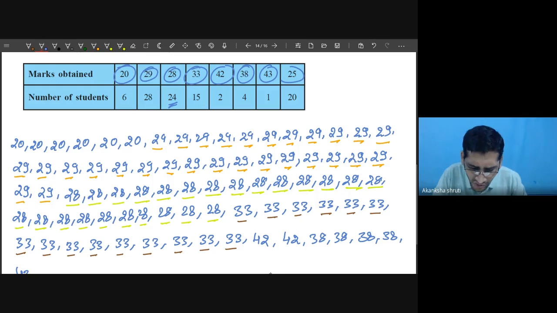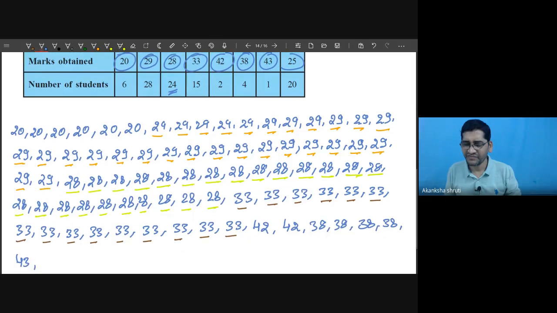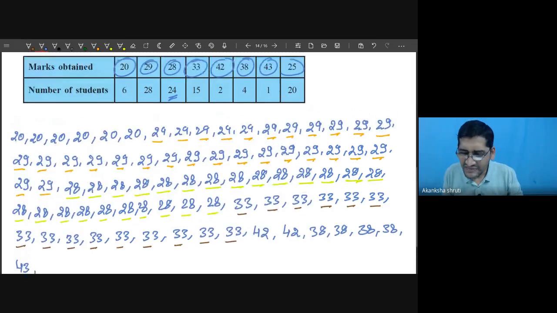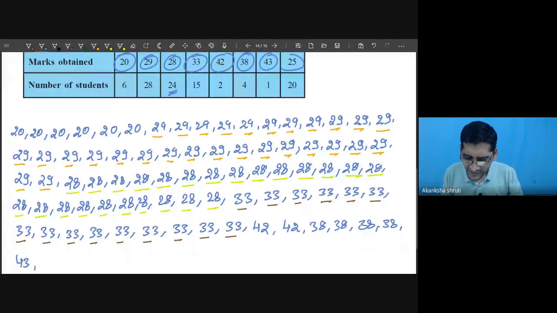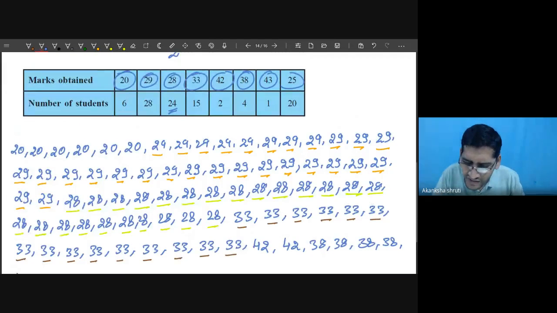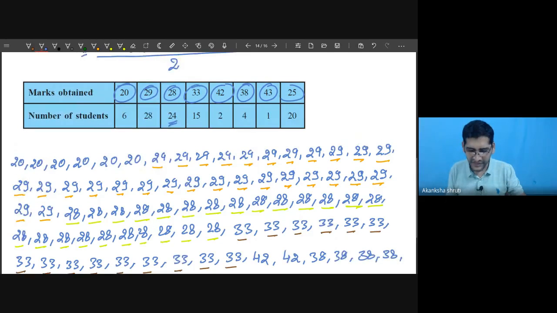Student, here we are observing what are there: 20, 29. It has created a lot of mistakes. 20, then 25. Okay, slight correction is required. 43, 42. We will just arrange it. Don't worry. So we need to write first this 25 after this 20. So that was the error we have committed.